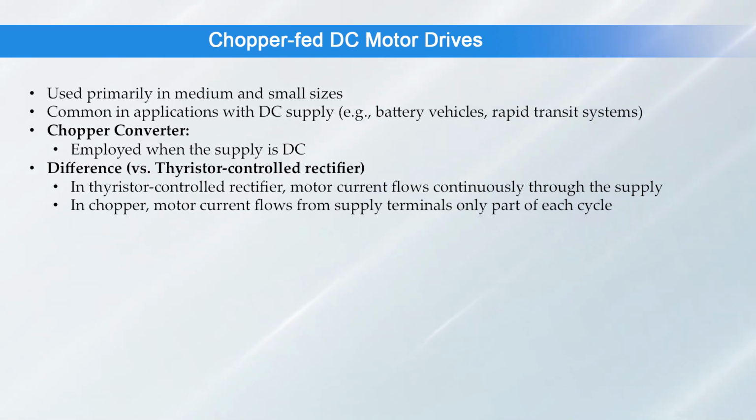The principal difference between the thyristor controlled rectifier and the chopper is that in the former the motor current always flows through the supply, whereas in the latter the motor current only flows from the supply terminals for part of each cycle. This is important to note. The principal difference between the operation of the two.